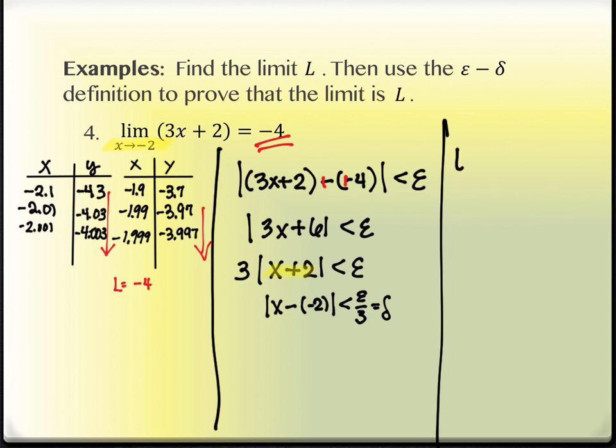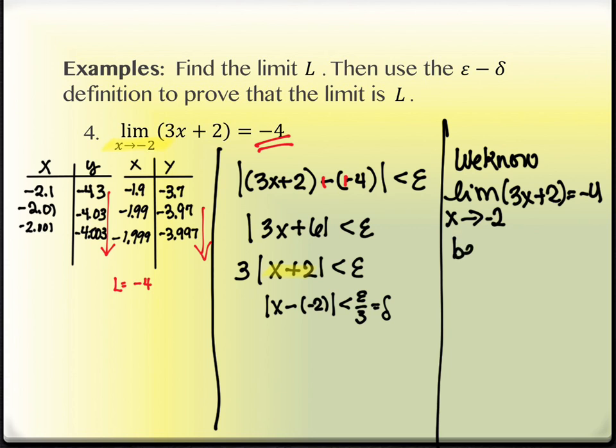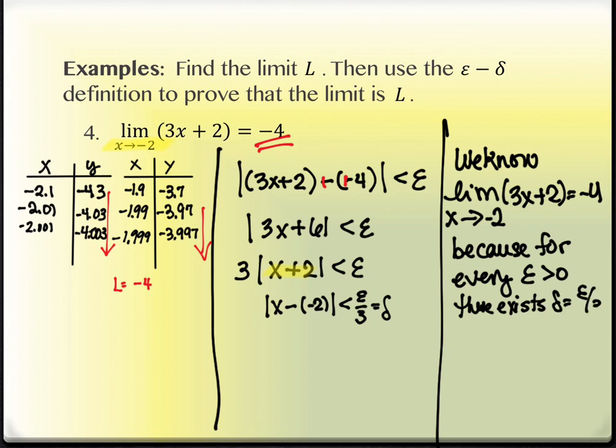We know that the limit as x approaches negative 2 of 3x plus 2 is equal to negative 4 because for every epsilon greater than 0, there exists delta equal to epsilon over 3. That's the delta we found. Okay?